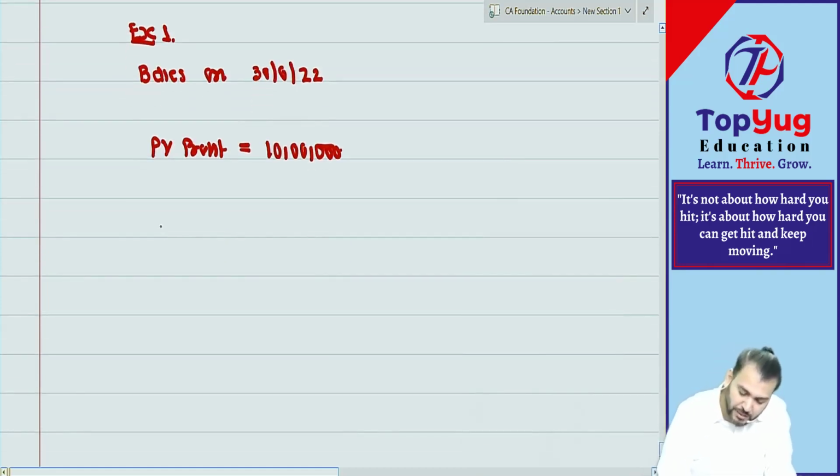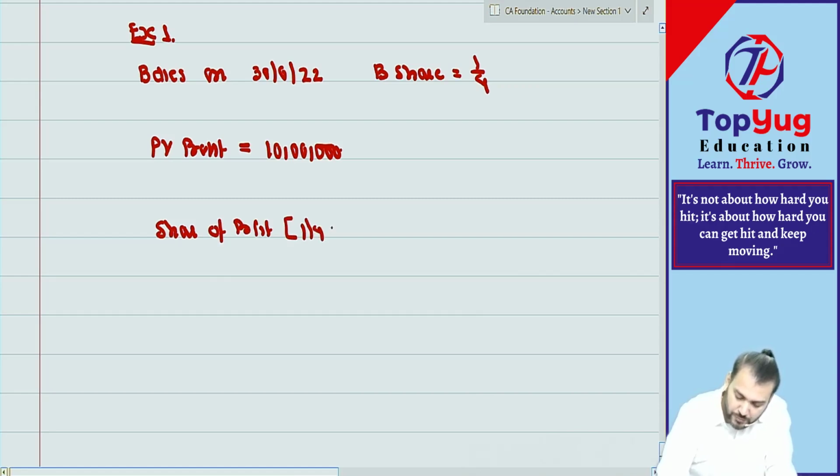How to calculate share in profit? His share is equal to 1/4. So how to find out share of profit from 1/4 to 30th June? We'll take last year profit as base, 10 lakh.